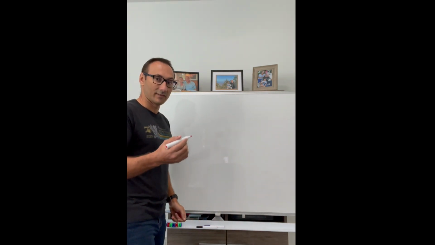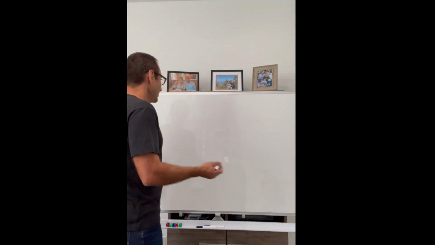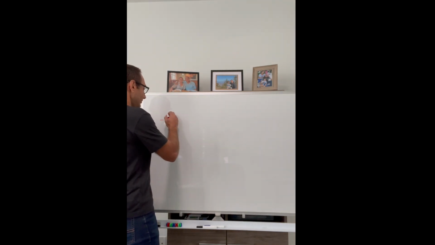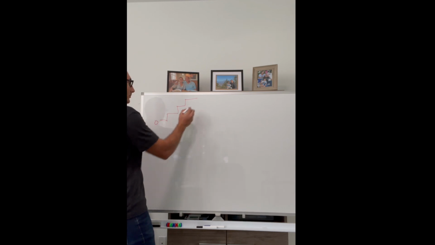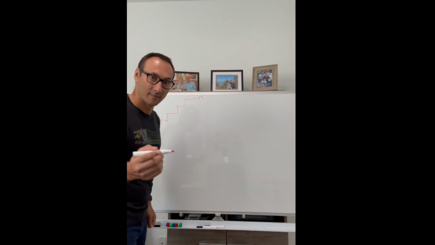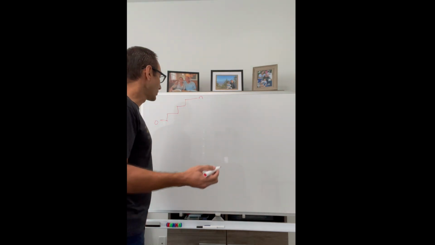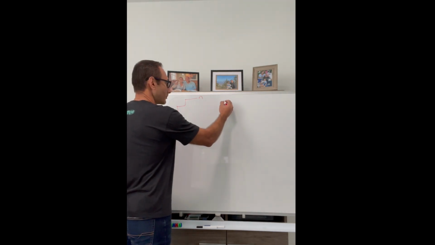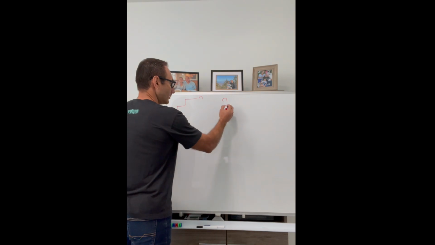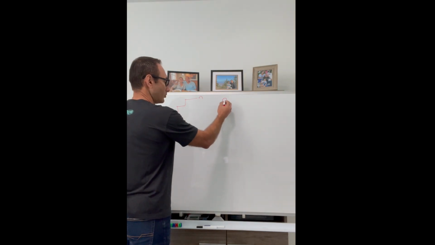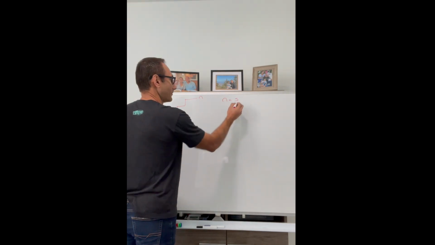I'm gonna give you the best example, the climbing stairs. So you have these stairs here, and you need to go from 0 to n, right? So you can do the top-down approach, you can go from n. Let's say n is 5.